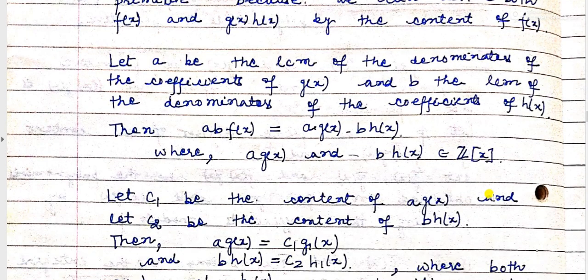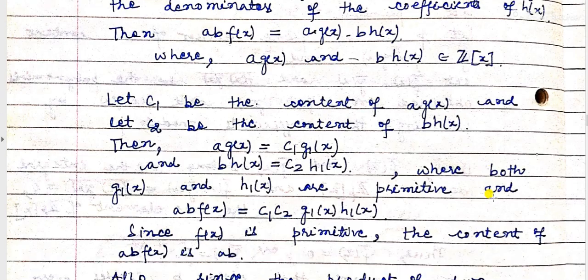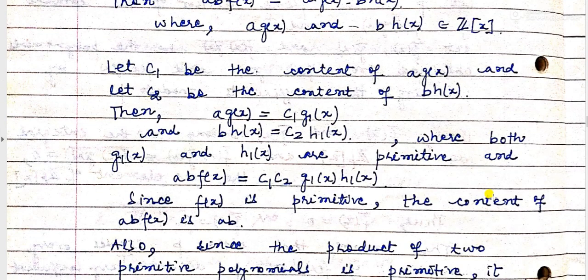where a g(x) and b h(x) are in Z[x]. Let C1 be the content of a g(x). Now we can talk about content because they are in Z[x]. So let C1 be the content of a g(x) and C2 be the content of b h(x). Then a g(x) is equal to C1 g1(x) and b h(x) is equal to C2 h1(x), where both g1 and h1 are primitive polynomials.